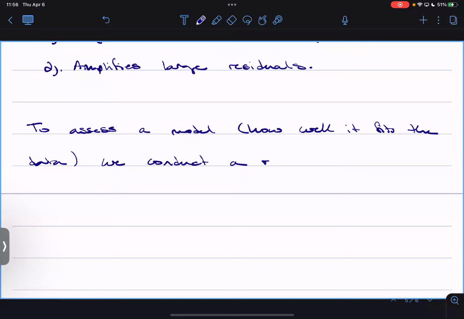There are a couple of different parts to a residual analysis, and I don't want to spend too much time here because it's not on the final exam. It's just one of those things that I need to talk about. It's on your assignment, but it's not on the final.